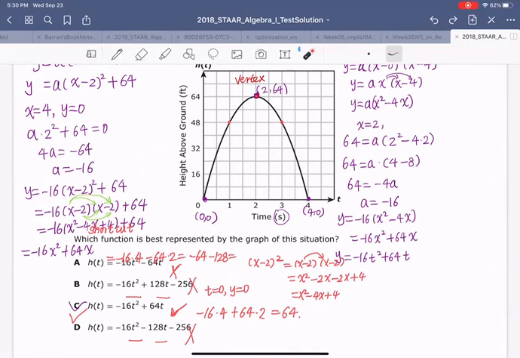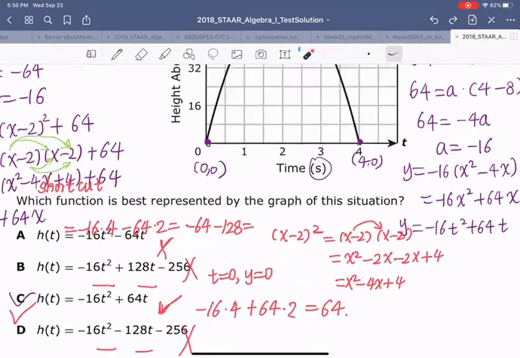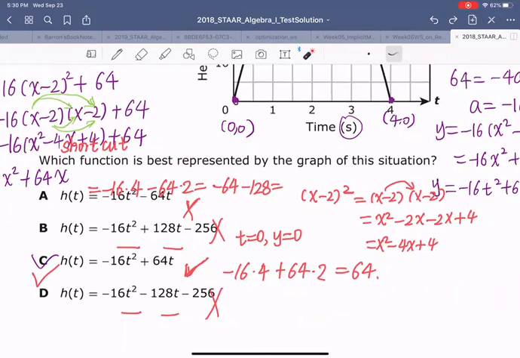Let's see the last method. As I can tell, my parabola passes 0, 0, right? Yes. So let me ask you, if I plug in 0, 0 to this equation, is that possible? When t equals 0, is y equals 0 for B?